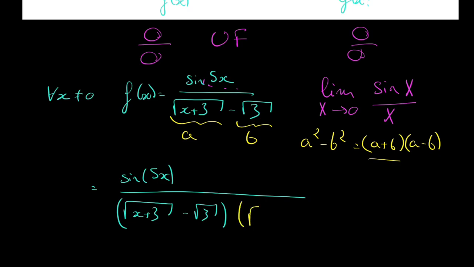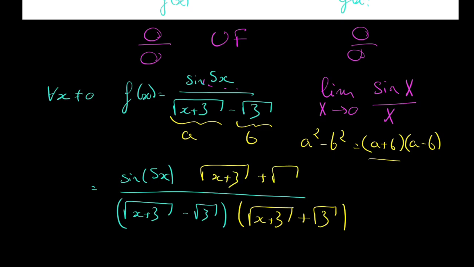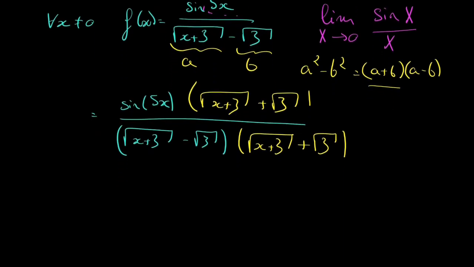Let's start with the bottom: square root of x plus 3 plus square root of 3, and at the top, the same thing, square root of x plus 3 plus square root of 3, because if we do it at the bottom, we have to do it at the top. Now let's simplify. We still have here sinus of 5x times square root of x plus 3 plus square root of 3. That will tend to something that we know in 0. Okay, in 0 there will be no problem.